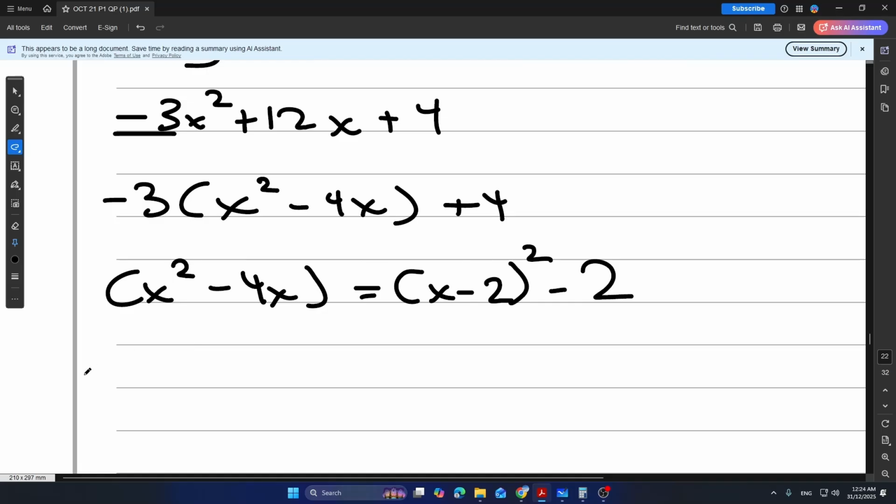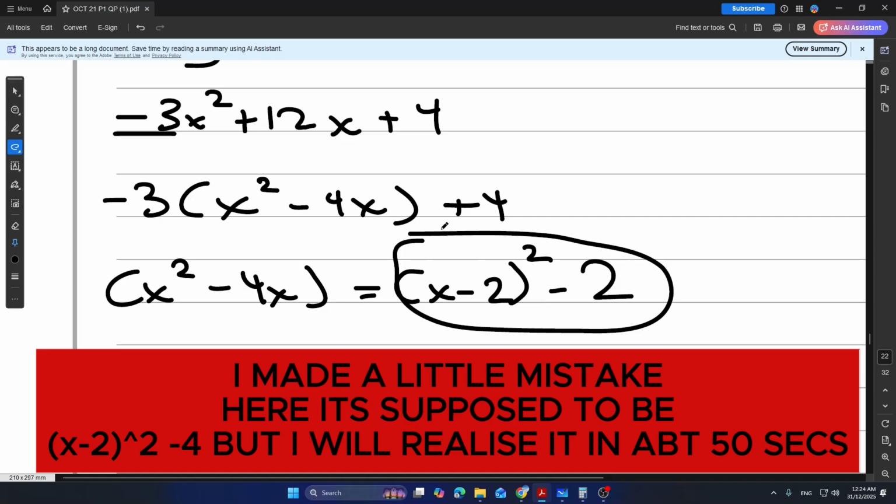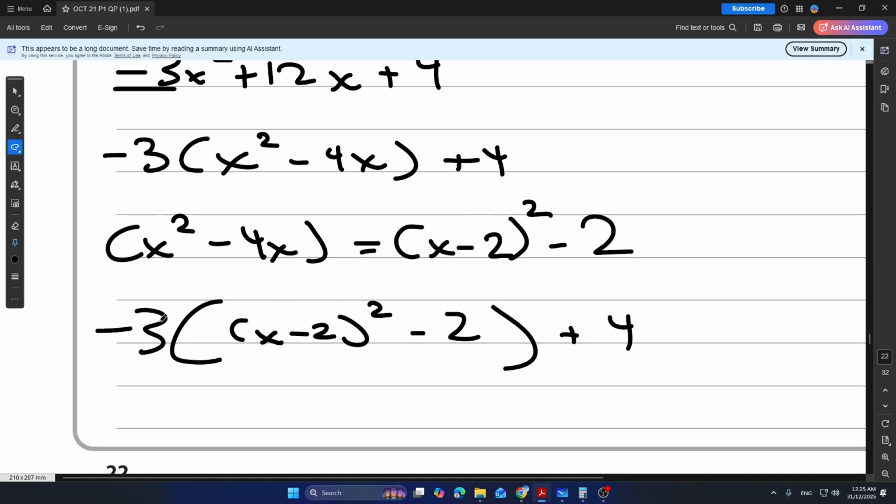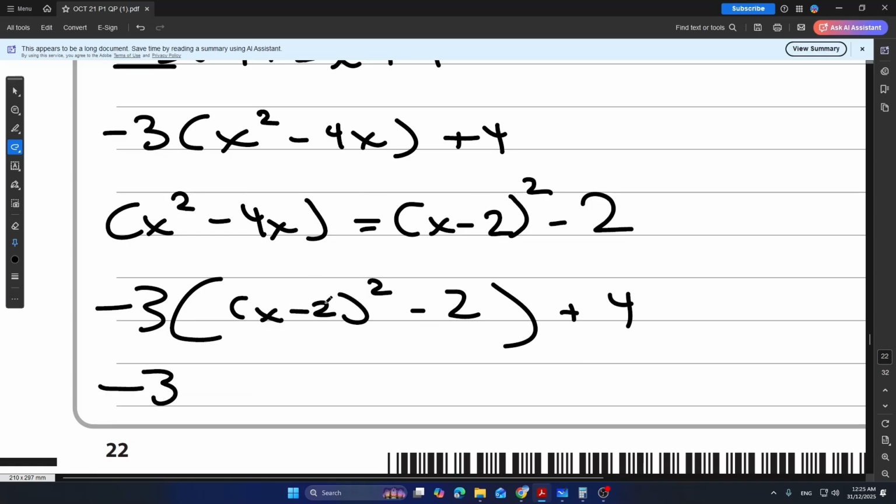Now what we're going to do is replace the old part with the new thing. So we have minus 3, big bracket, (x minus 2) squared minus 4, plus 4, and we expand. We can't expand this square, so we just write it like this.